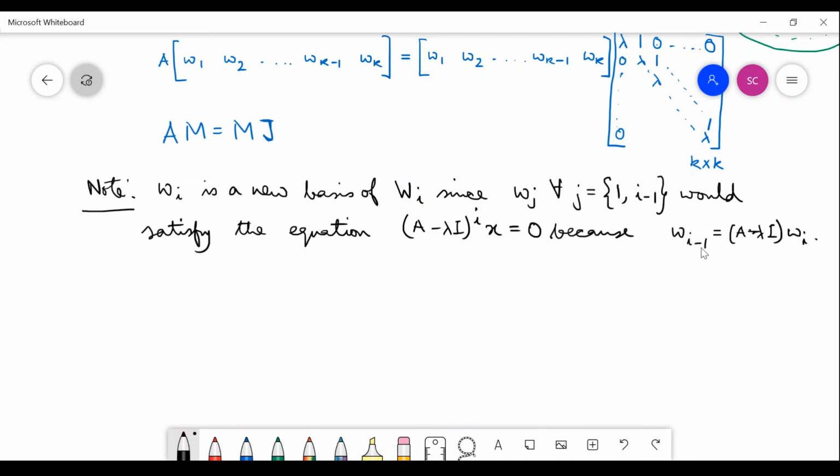This is the reason. So you can keep on applying. So you take any wj, it will be some order of wi. Okay, wi minus 1 is (A minus lambda I) wi, wi minus 2 would be (A minus lambda I) square wi. Like this it will keep on happening.